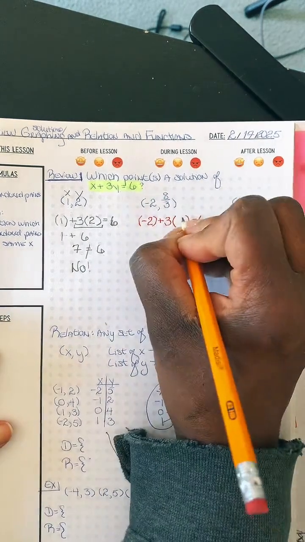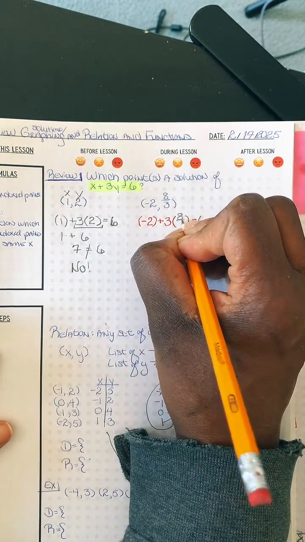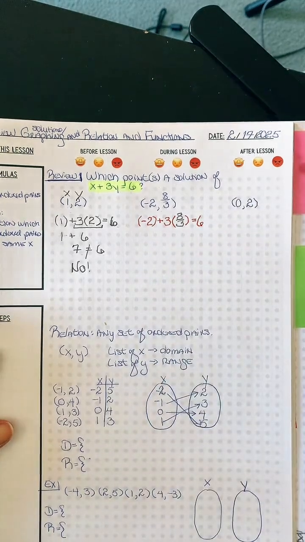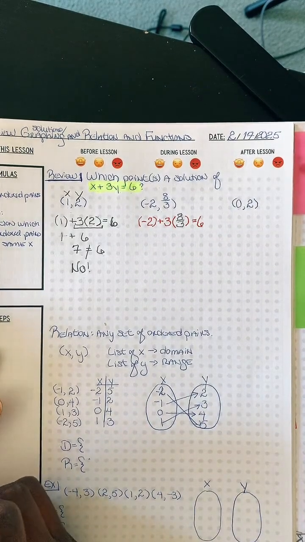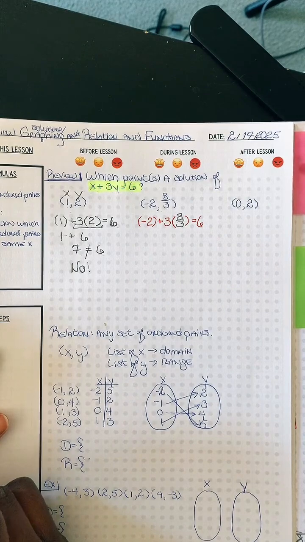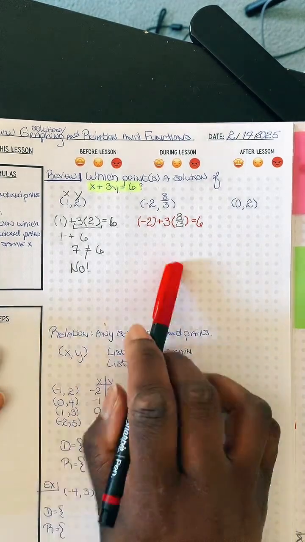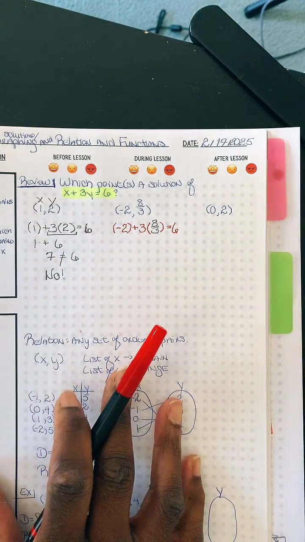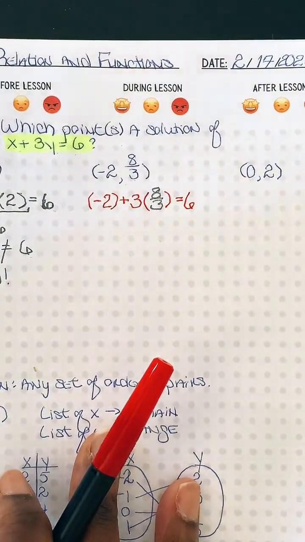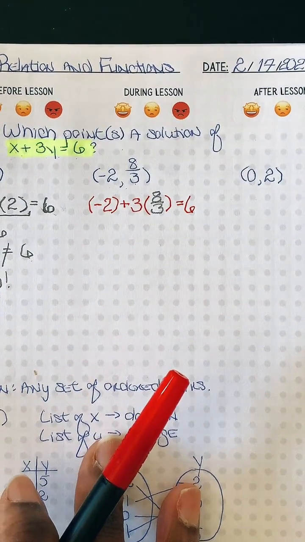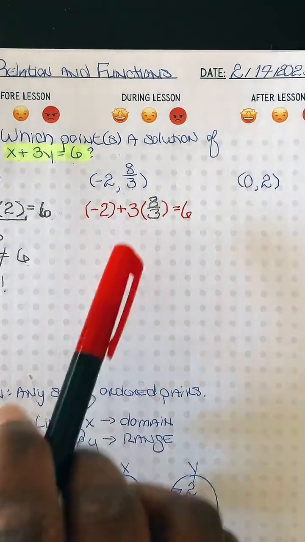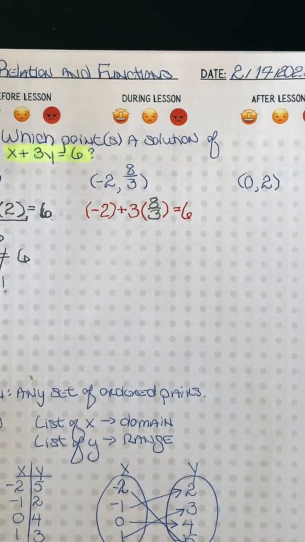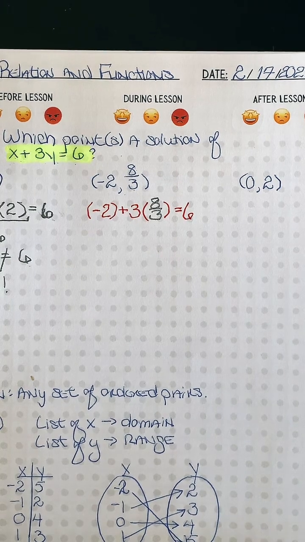So we have our 8/3. And you're like, oh goodness, there's a fraction. It's okay, it's going to be all right. Let me see if I can zoom in just a hair so we won't be going blind. Like in order of operations, we're going to be doing our multiplication first.